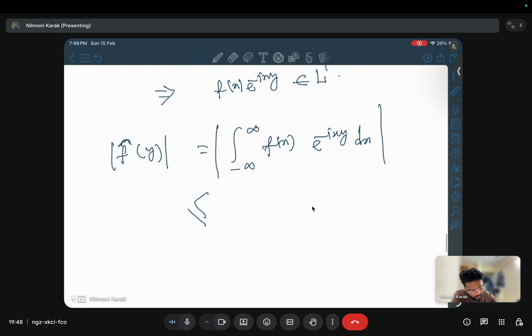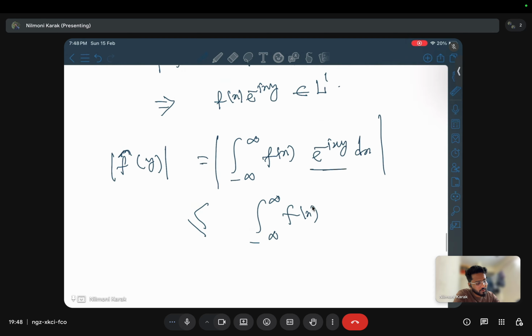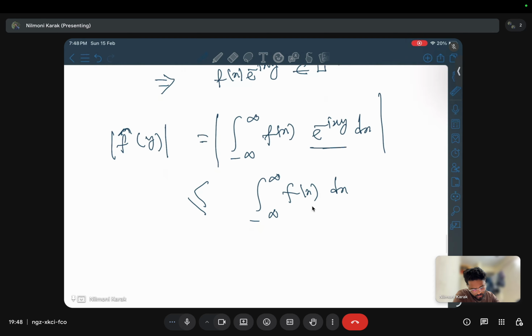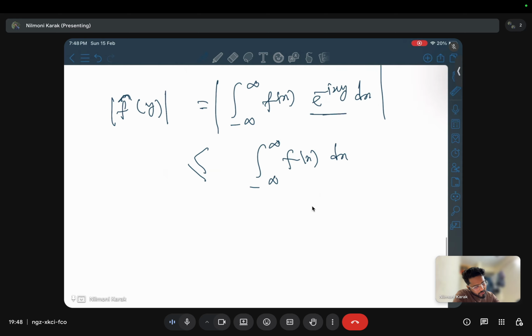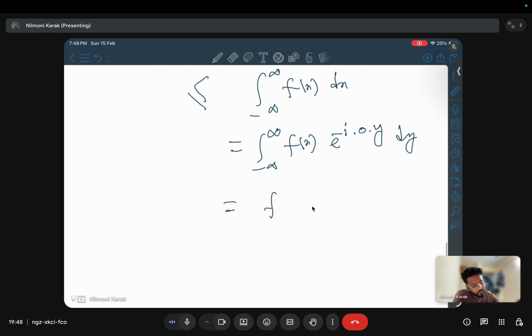This is less than or equal to the integral of the modulus of f of x, but f of x is positive, so it is only f of x. This you can write as the integral of f of x e to the power minus i times 0 times y, which is basically f hat at 0.